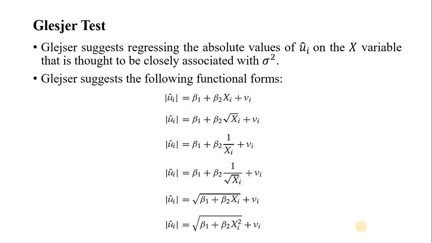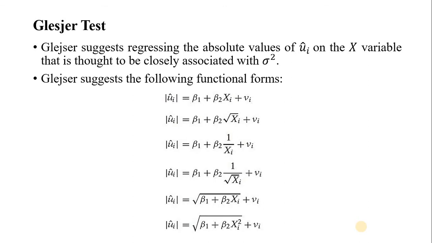What Park suggested was to regress ln u cap square on ln xi. And Glejser says that if you take ln u cap square and ln xi, it is not a good proxy for variance.